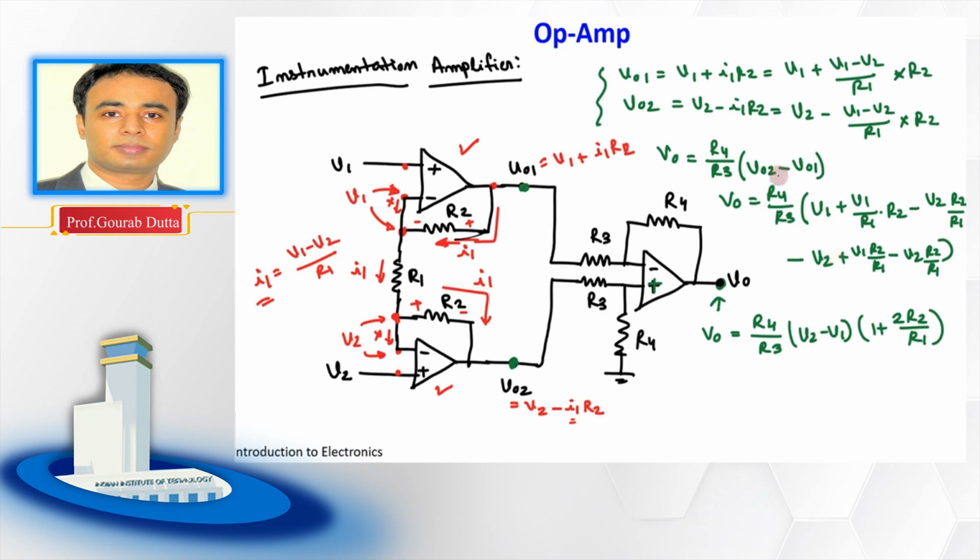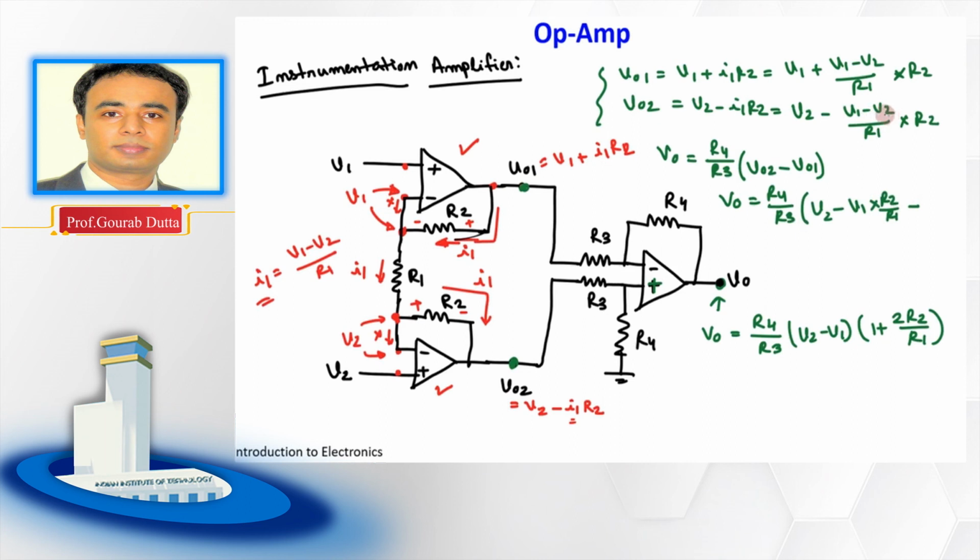I think I just made a small mistake here. Because it is VO2 minus VO1, I have to put this VO2 first, right? So maybe I will correct it. Just a minute. Yeah, so it is VO2. So VO2 is this one, right? V1 into R2 by R1, all right?